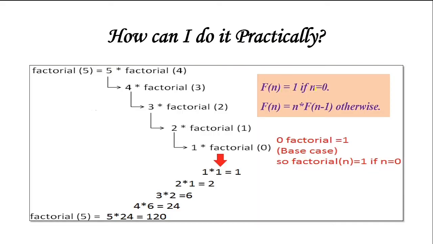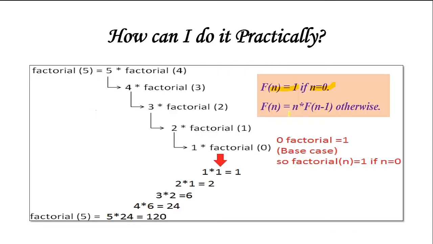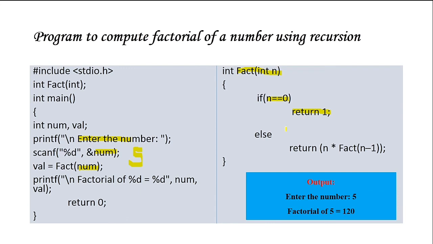Otherwise, what you need to do is return n into f of n minus 1 back to the function. So else return n into fact of n minus 1.